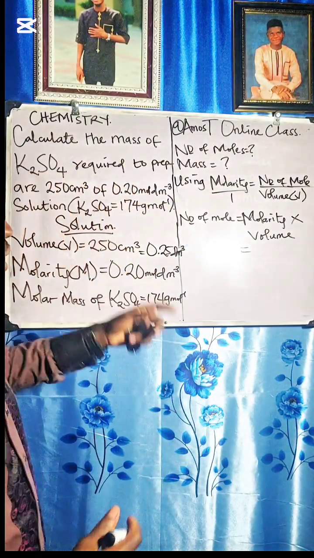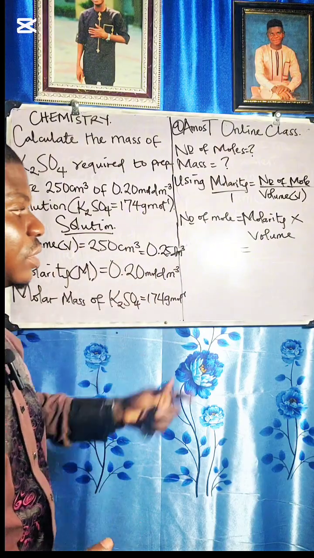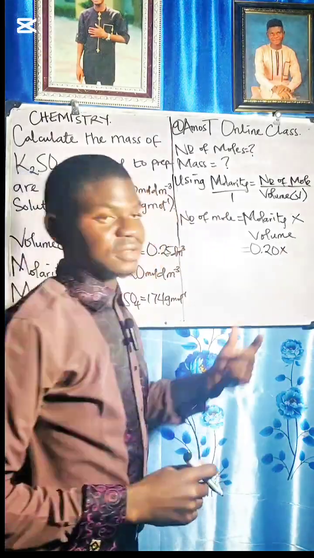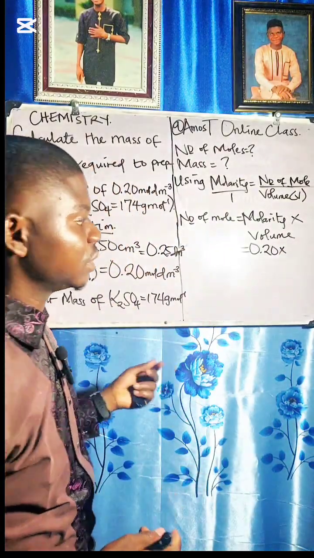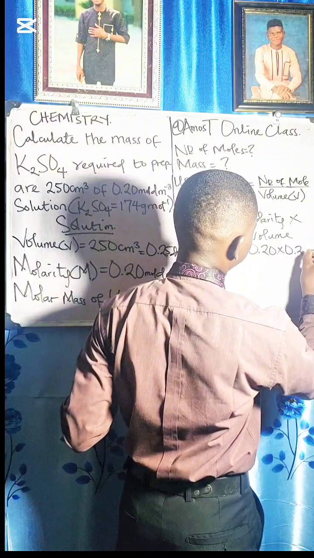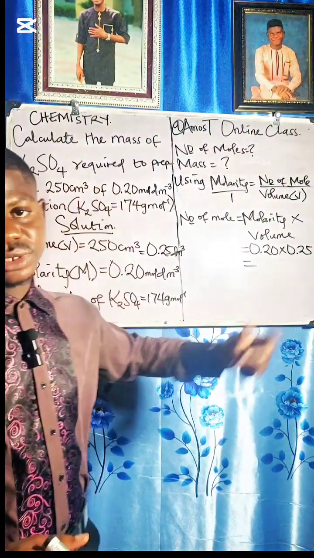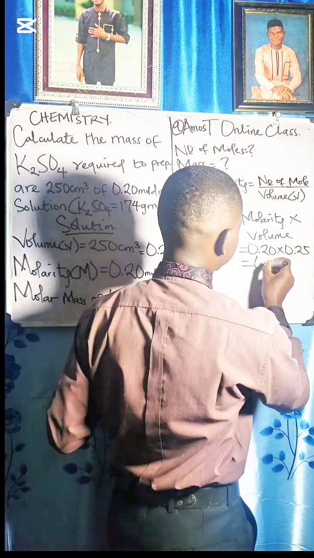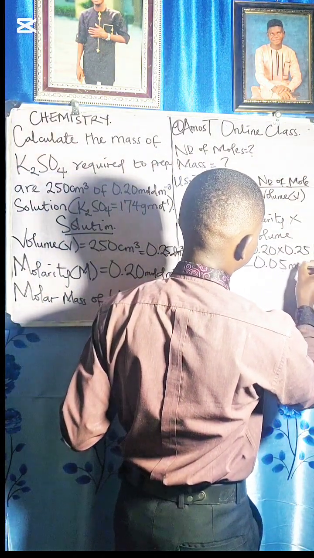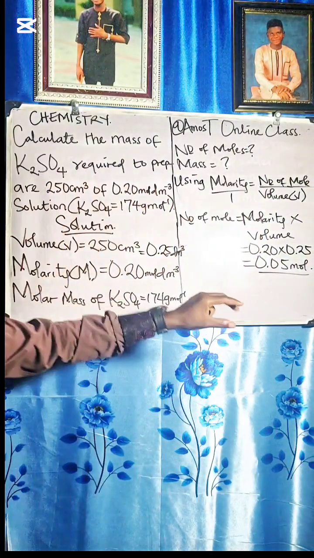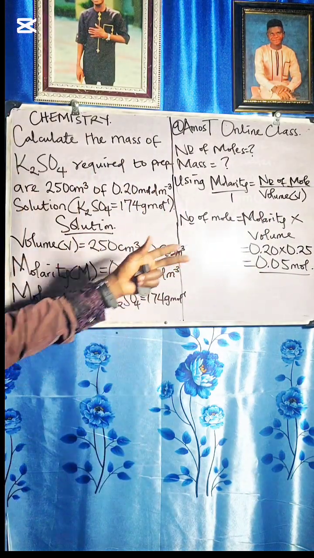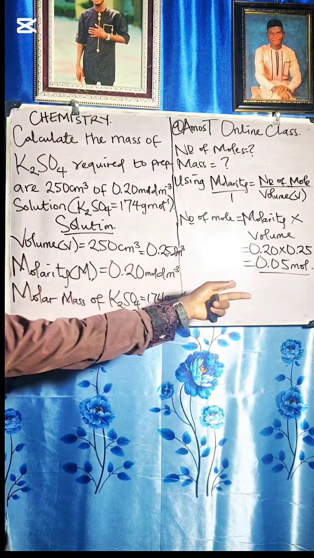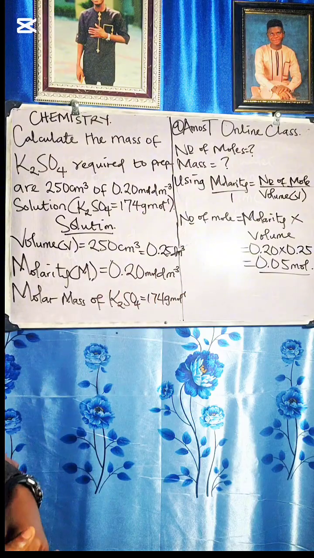The molarity from the question is 0.20 mole per cubic dm, and the volume is 0.25 cubic dm. If you check this using our calculators, we have 0.05 moles. So we have calculated the number of moles of potassium sulfate, and it is equal to 0.05 mole, as simple as that.